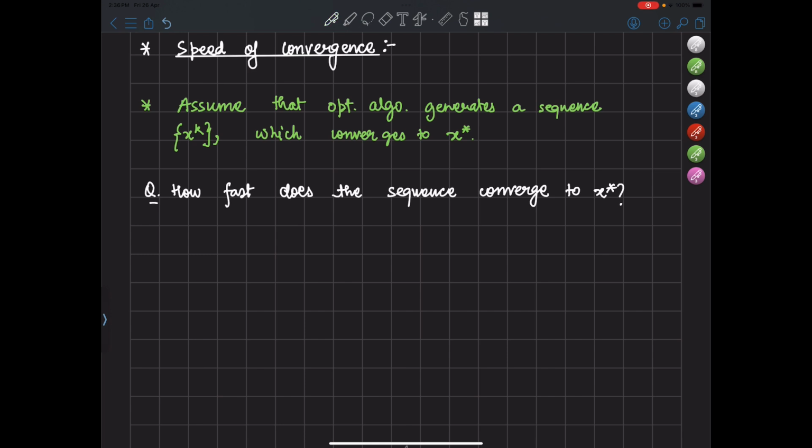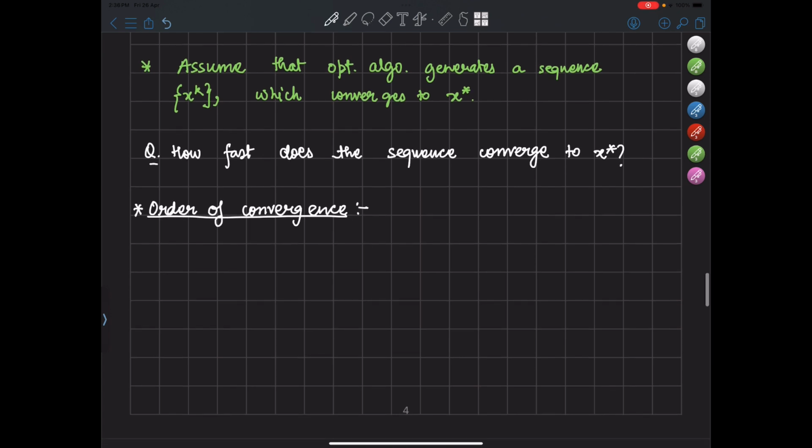The first thing is the order of convergence. What is order of convergence?